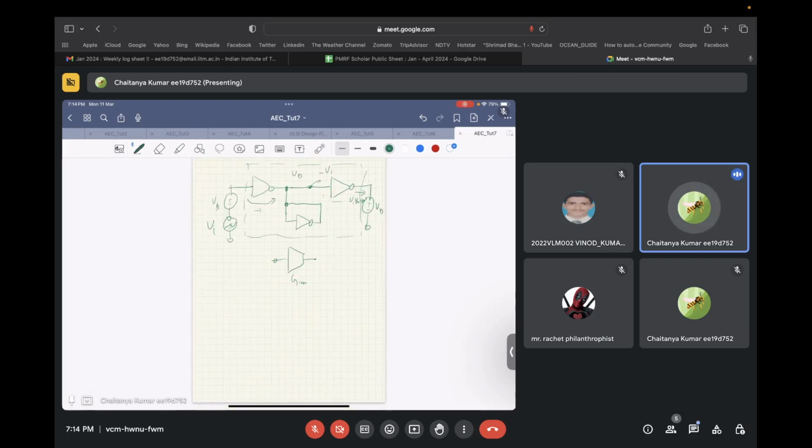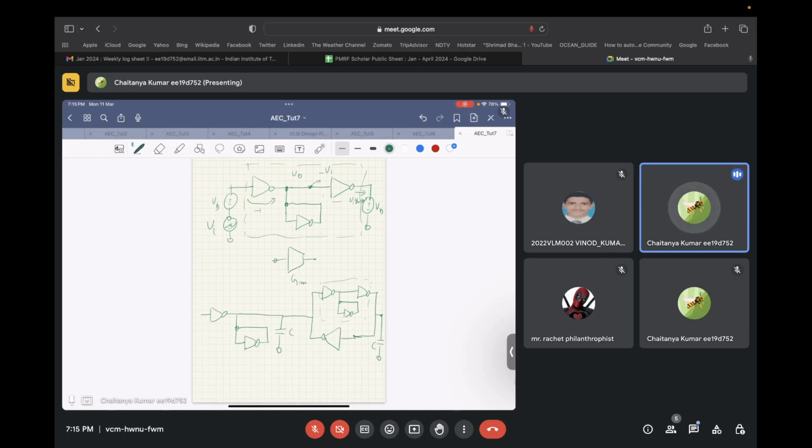So our final circuit is this capacitance over here, this capacitance. Now this complete configuration, let's say, is GMN plus GMP.